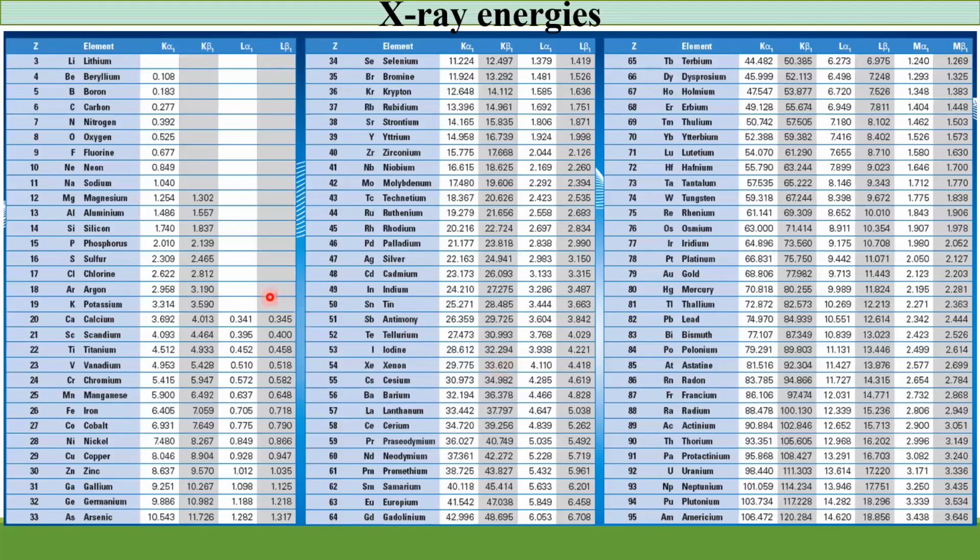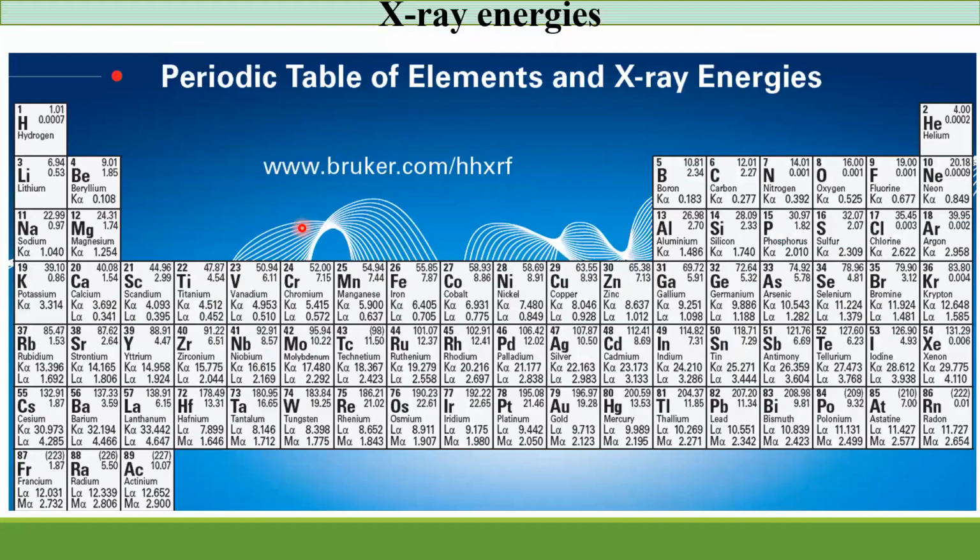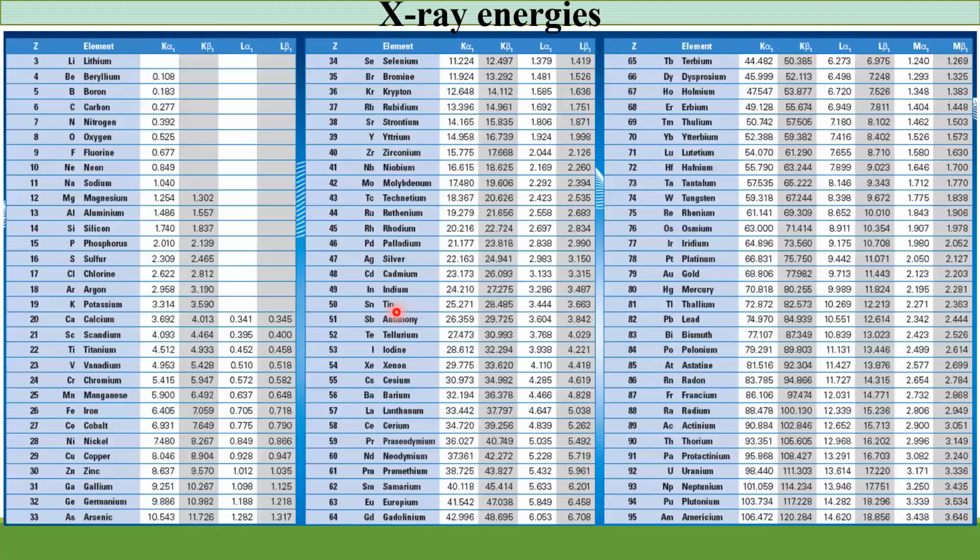Another thing is, even within the K regions, you have K alpha and K beta lines, and sometimes the K alpha peak of one element also matches the K beta of another. I will show you one example, because we used to get more confusion over that region.